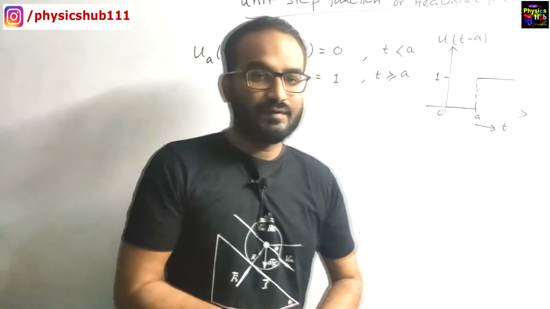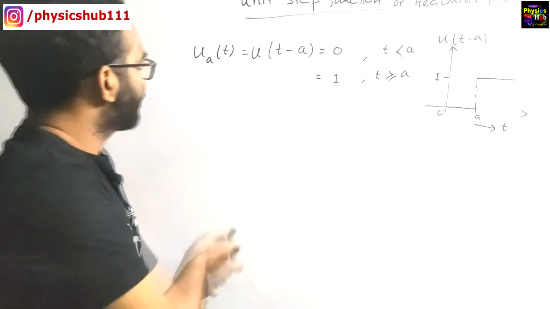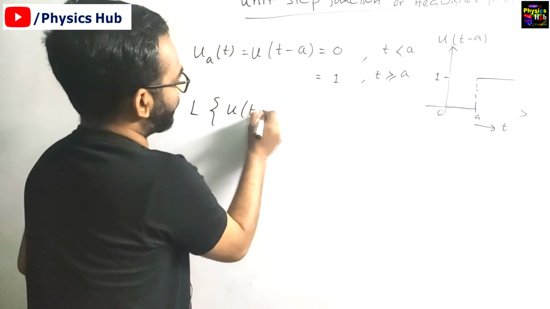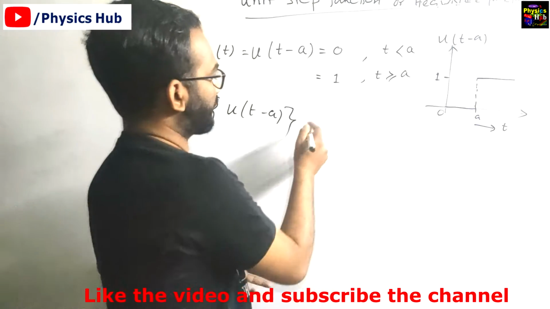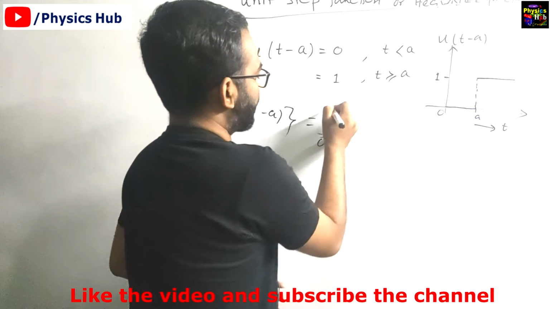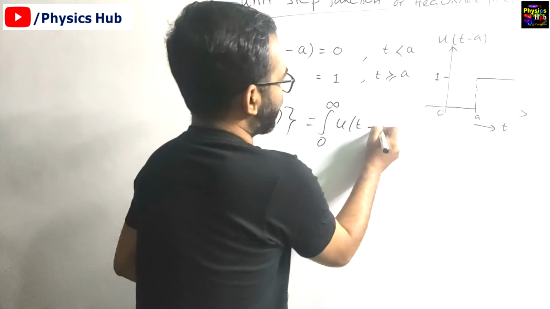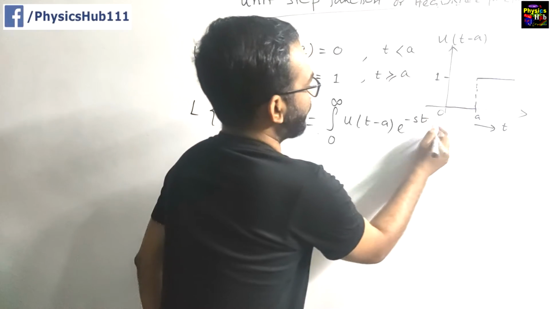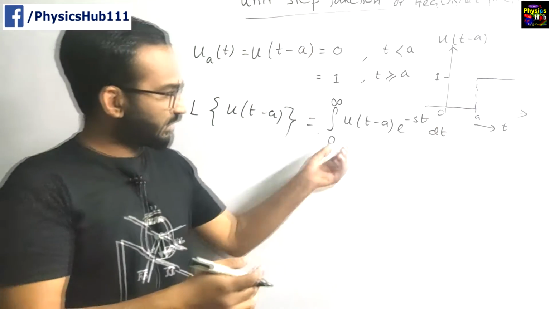Now our main concern is to know what its Laplace transform is. If you take the Laplace transform of the unit step function u of t minus a, what will be its value? You know the basic formula of Laplace transform: integral from 0 to infinity of f of t, here u of t minus a, times e to the power minus st dt.